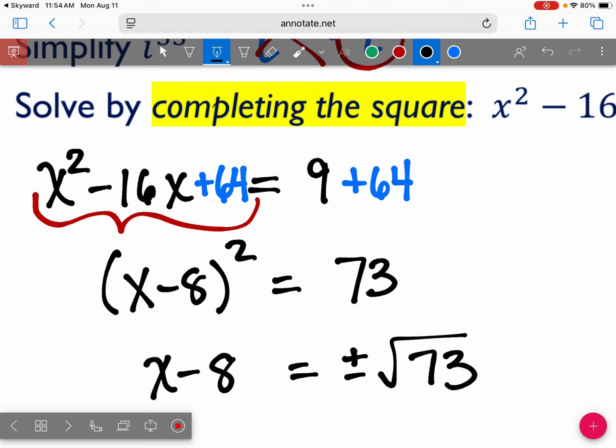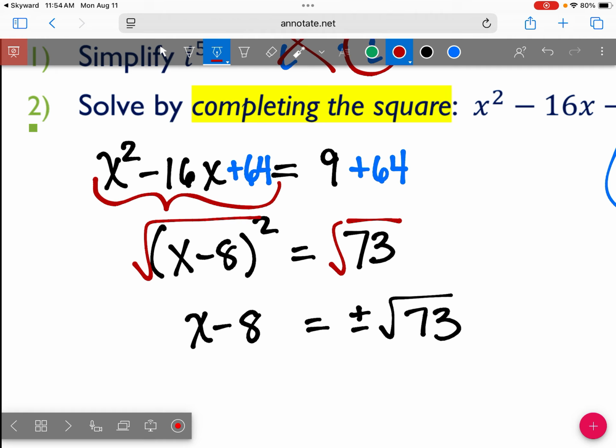So looking at those pink numbers that you see in the front, which are perfect squares, can I divide any of those perfect squares into 73? Can I divide it by 4, 9, 16, 25, or 36? Who says no? So because you can't, we just leave it alone. We can't do anything with that. So all I need to do is add this 8 over, which is going to give me x equals a positive 8 plus or minus the square root of 73.